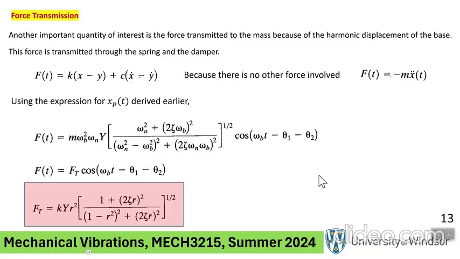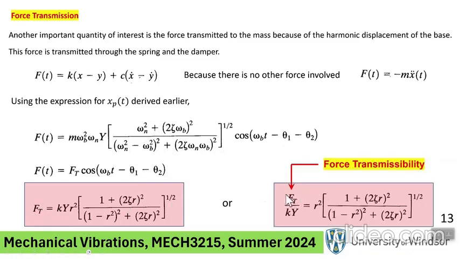But at the end of the day, when you do that massaging, and it's just algebra, in other words, factor out omega n squared out of the top, what do you get? You're going to get 1 plus 2 zeta r squared. So that's where this is coming from. It's just a patience and doing the algebra. You're going to get that the amplitude of the transmitted force Ft is right here.